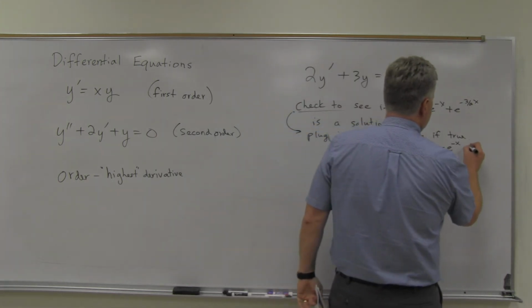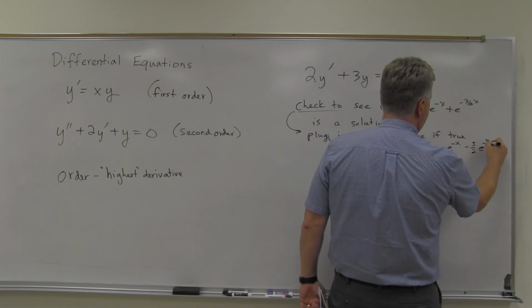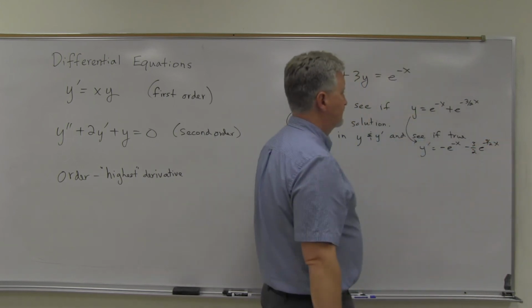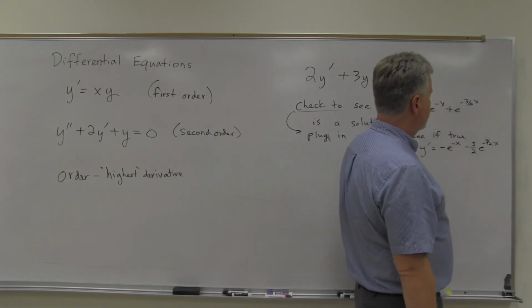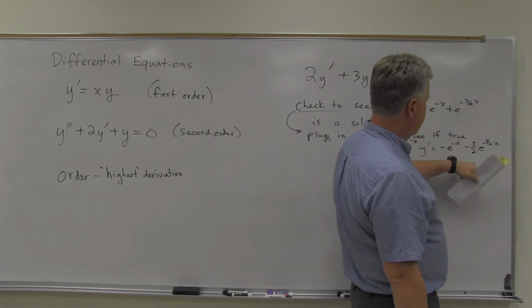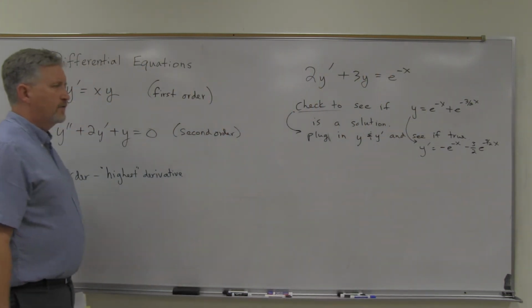And the derivative of the second term would be minus 3 halves e to the minus 3 halves x, again by the chain rule, minus 3 halves being the derivative of the power. With me there?